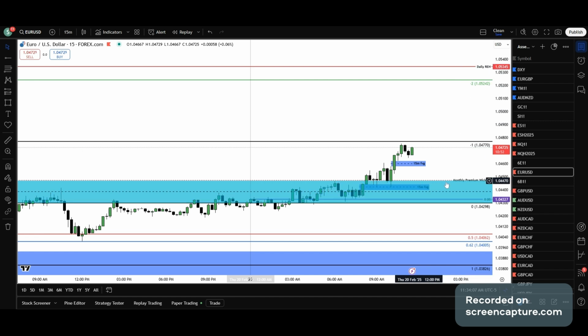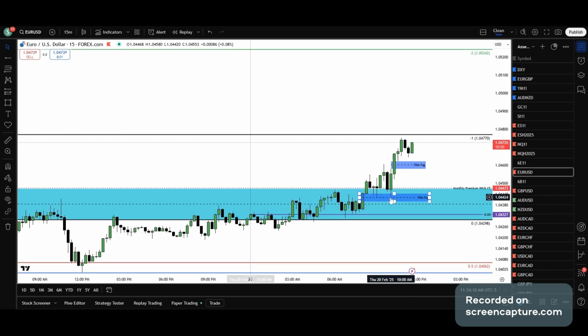But I only needed to get in and get a 1 to 2 on my accounts, risking 1% or some measure. I believe I bought right here in this area.